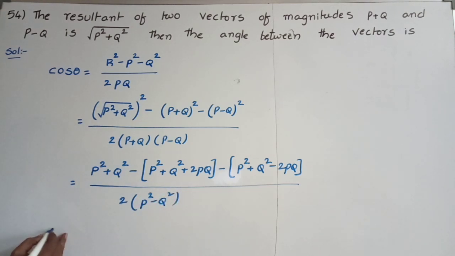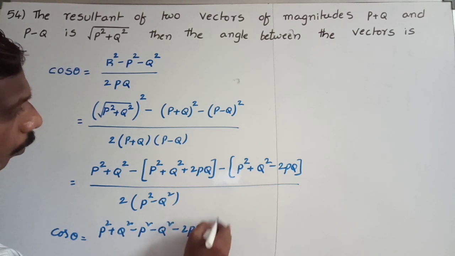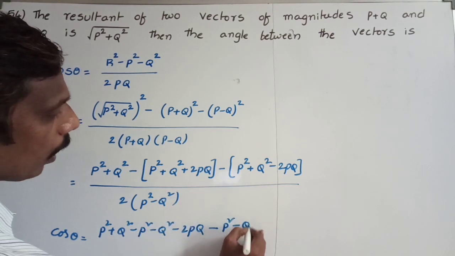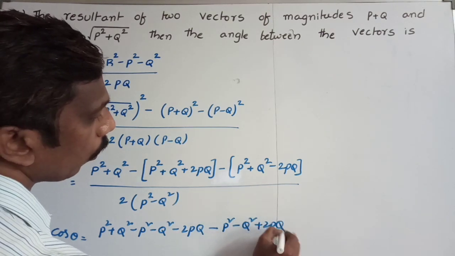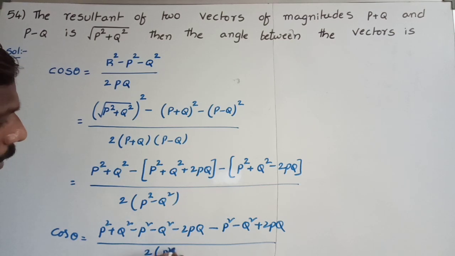So from this we can write cos theta is equal to P square plus Q square minus P square minus Q square minus 2PQ minus P square minus Q square plus 2PQ, divided by 2 into P square minus Q square.